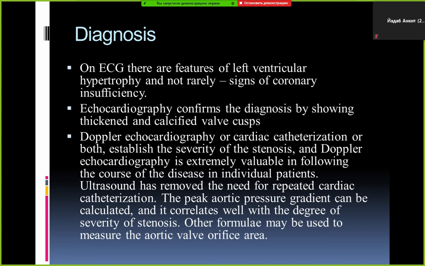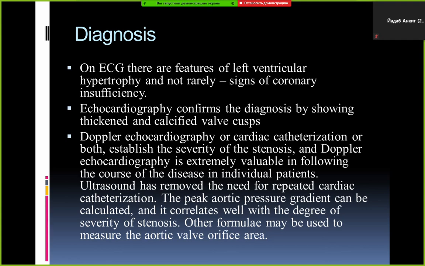Doppler color echocardiography or cardiac catheterization, or both of them, establish the severity of the stenosis. And Doppler color echocardiography is extremely valuable in following the course of the disease in individual patients.